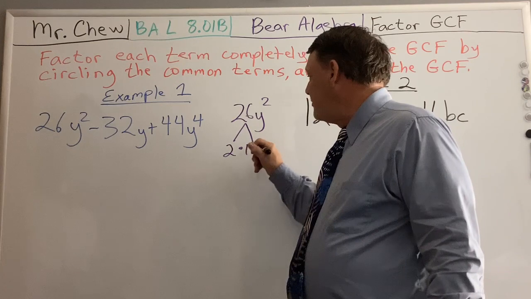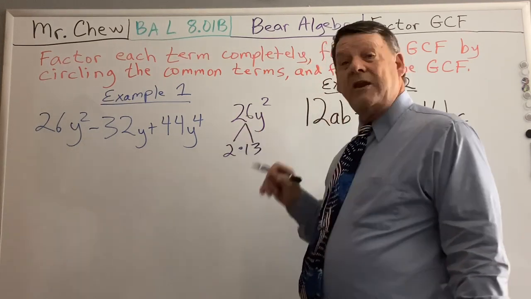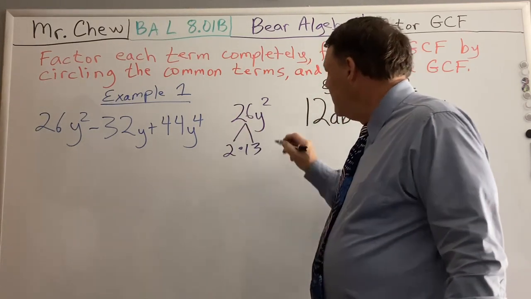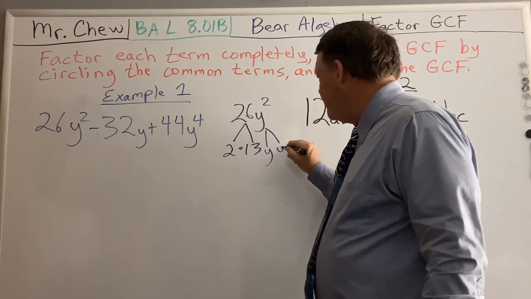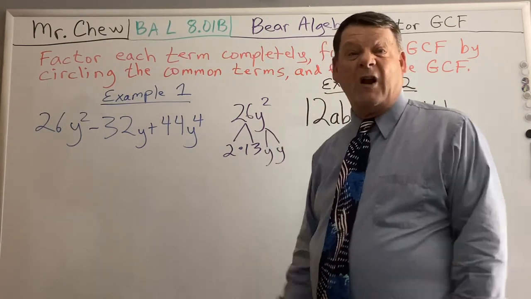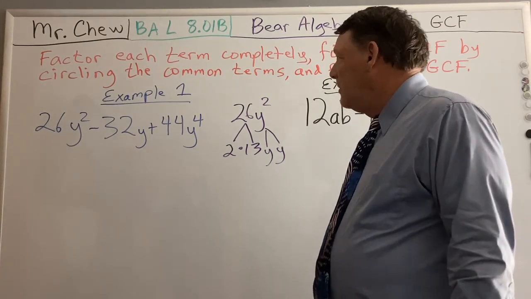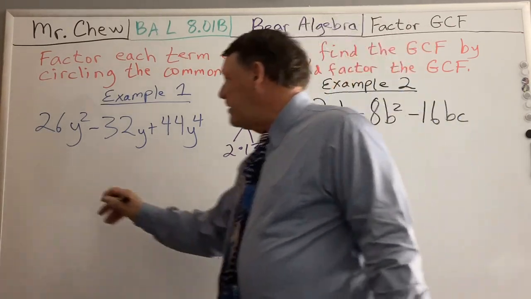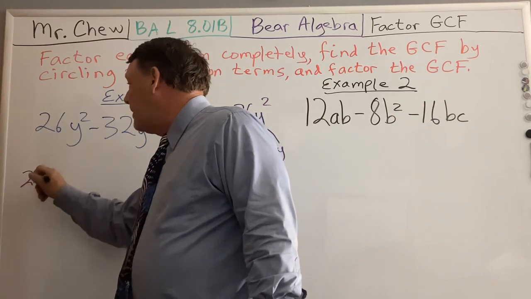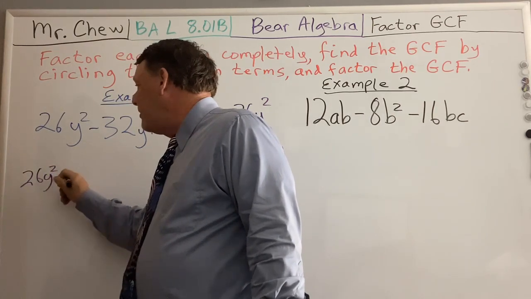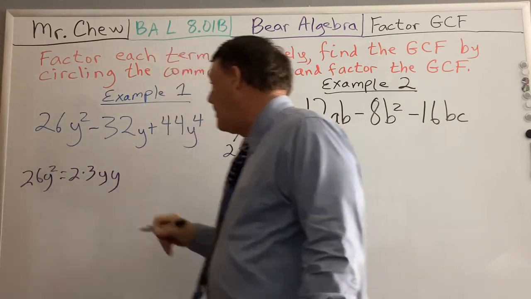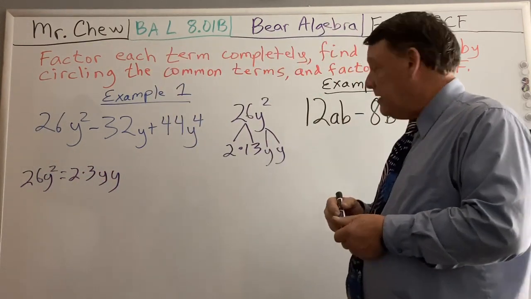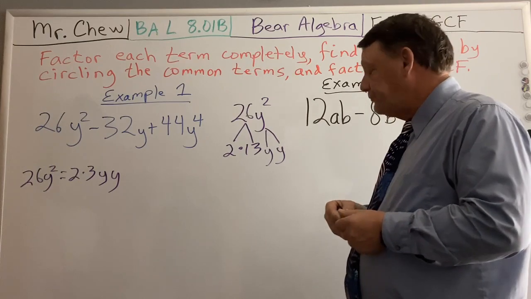And it's 2 times 13, and 2 times 13 is 26. And then the y squared, these are not primes, these are just factors of y, because we don't know what y is. So I can say that 26y squared is 2 times 13 times y times y. That's what it is.